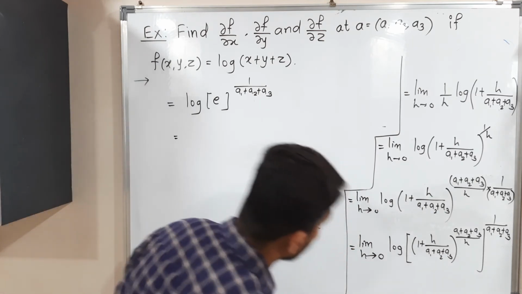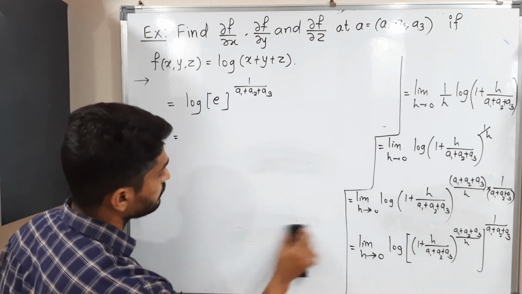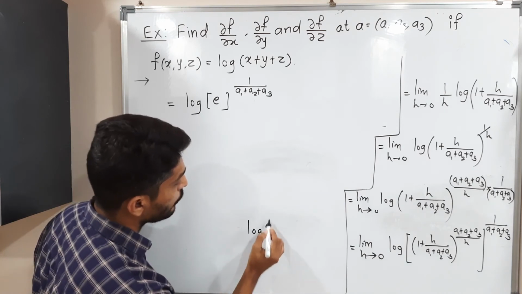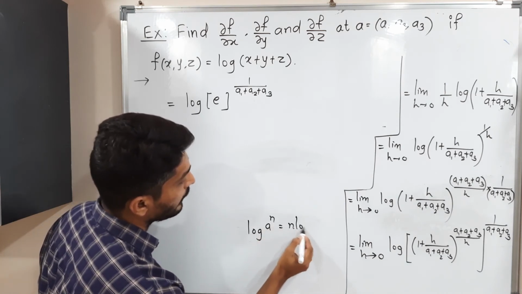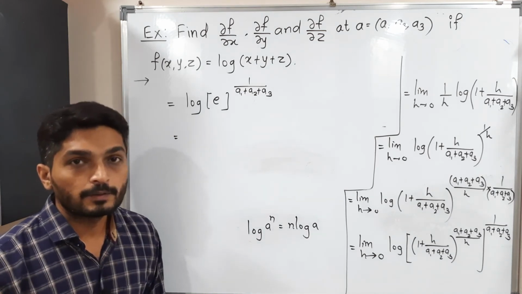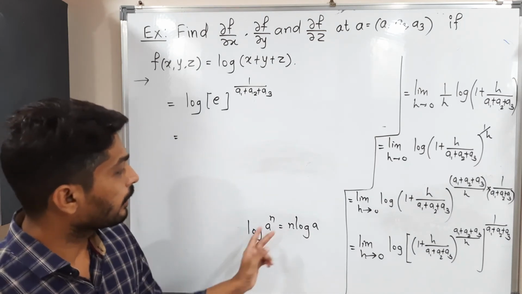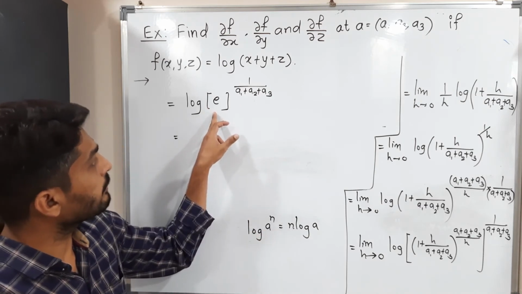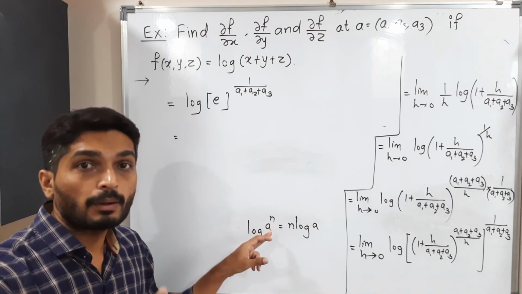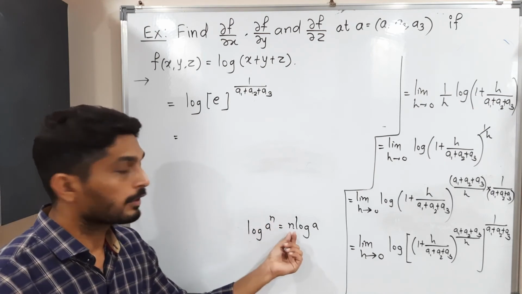See, what will happen? We have one more result. Let me write here. That result is, I have already told you, log a raised to n is equal to n log a. This is a property of log. So can I apply this property here? Yeah, obviously. In place of a we have e raised to n. So that power will come outside, in front of this log.